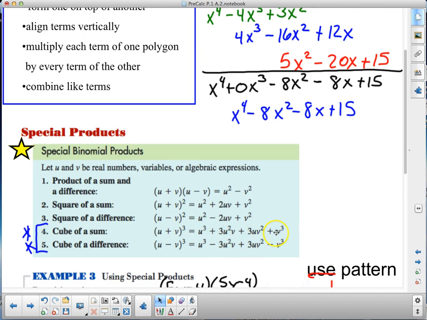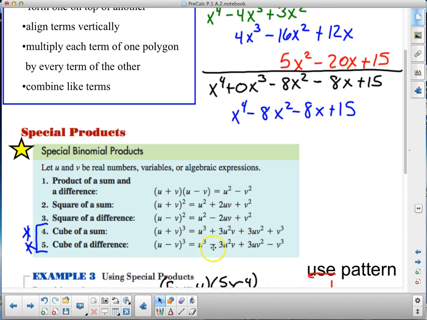But we have 1s in front and in back for the leading coefficients, and 3s here. Now, this is assuming we have variables here, but if we have numbers, you can adjust it with numbers, or better yet, leading coefficients with variables like 3x or 2x or 5, you can put in with u and v. The cube of the difference.